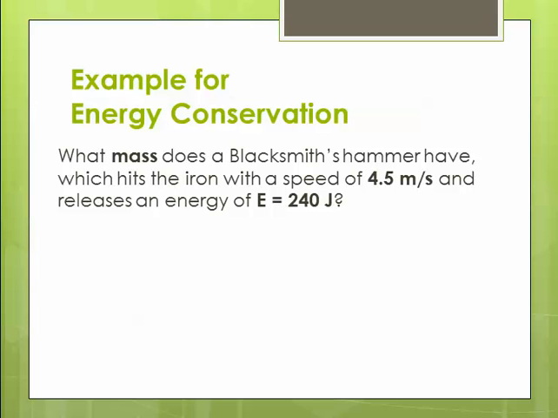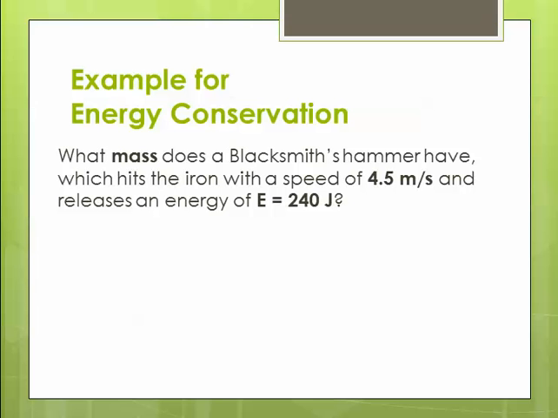Now, as the hammer hits the iron, energy is released. It is released in the form of heat and deformation energy. So the energy that is released equals 240 joules.